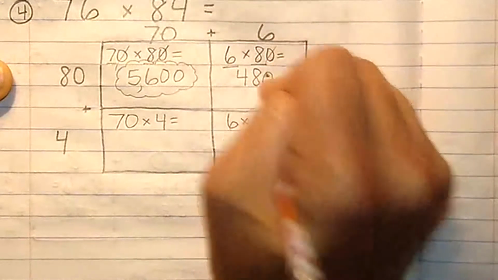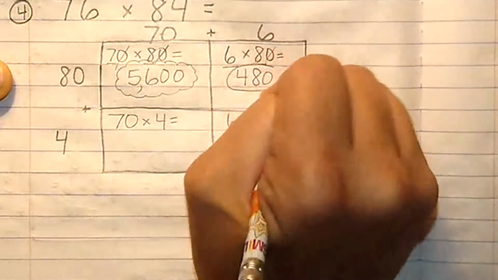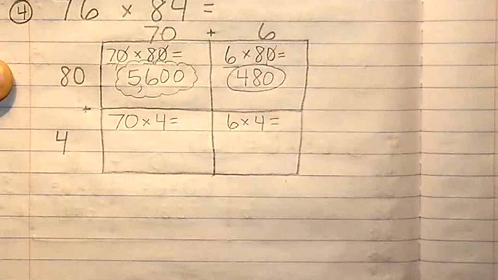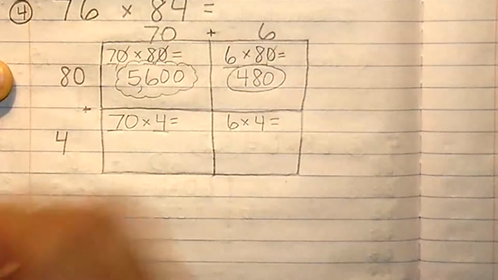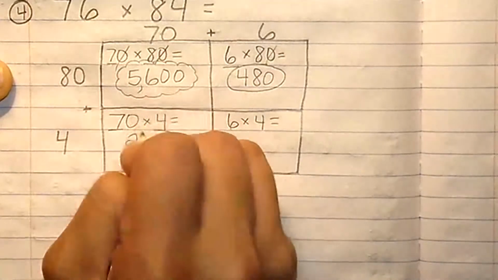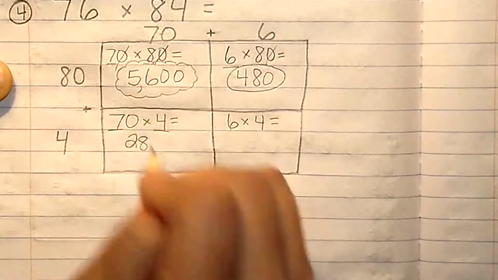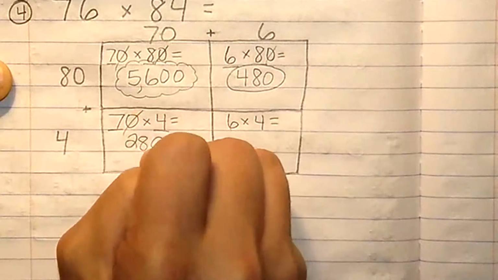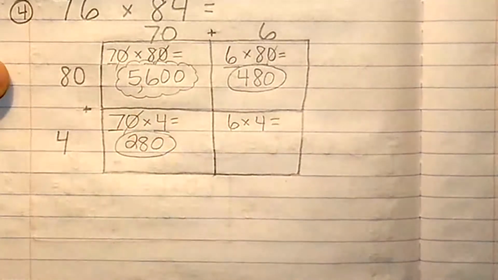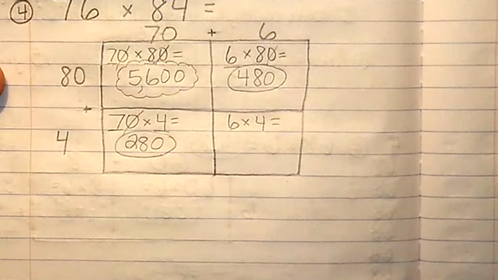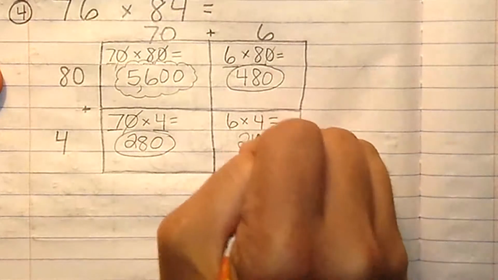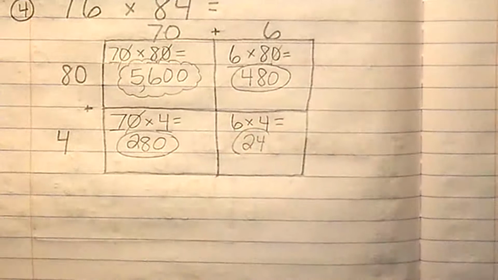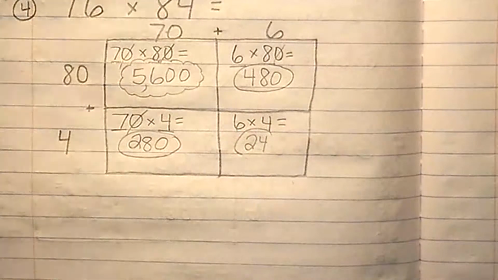And then I need to make it 10 times bigger. So this is another part of my product. What is 7 times 4? 28. Then I need to make it 10 times bigger. It's another part of my product. And then lastly, what's 6 times 4? 24. And I need to add these together.